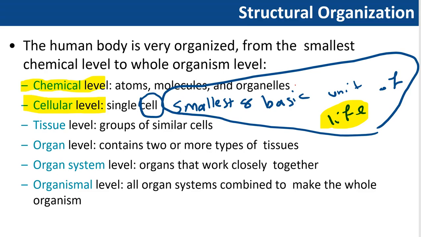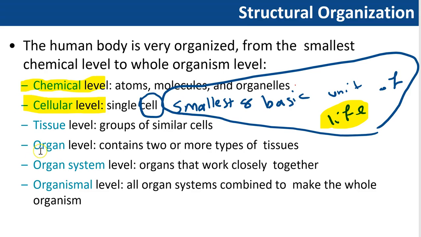Examples of cells are red blood cells, bone cells like osteoclast and osteoblast, fibroblast, and adipocyte or fat cells. There are about 200 different types of cells in our body.